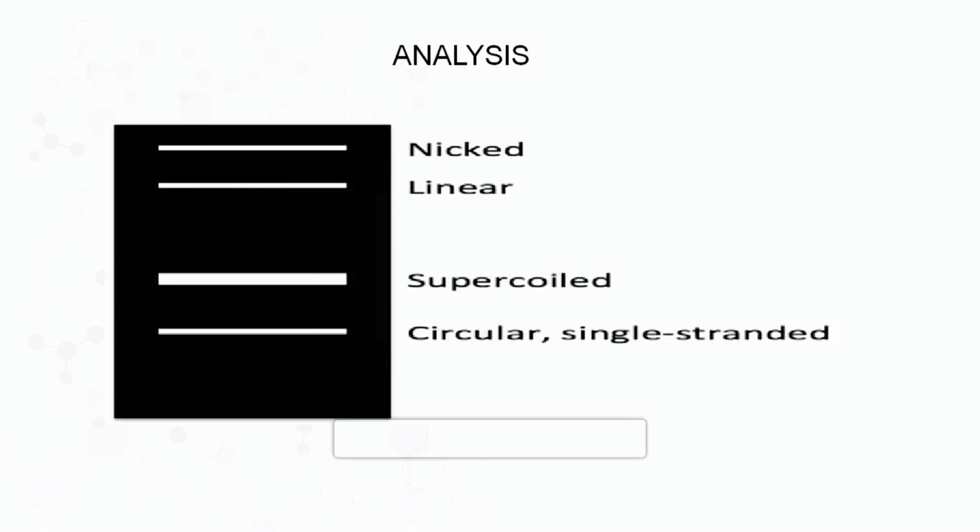The linear plasmid form occurs when the DNA helix is cut in both strands at the same place. And a circular single-stranded plasmid arises during the alkaline lysis plasmid process. Plasmids are denatured because the hydrogen bonds are disrupted by the alkaline conditions. That is why we can observe some circular single-stranded plasmid form.